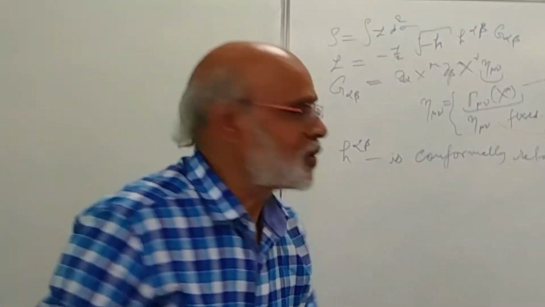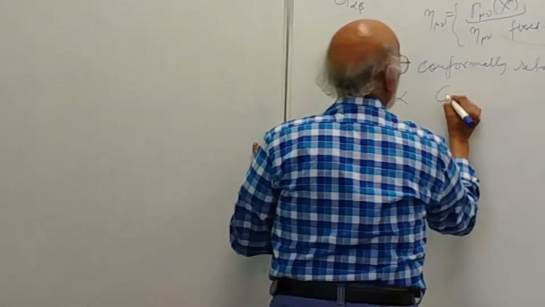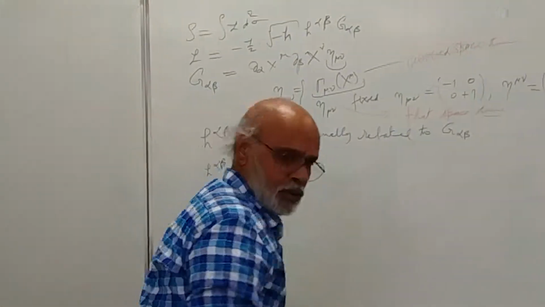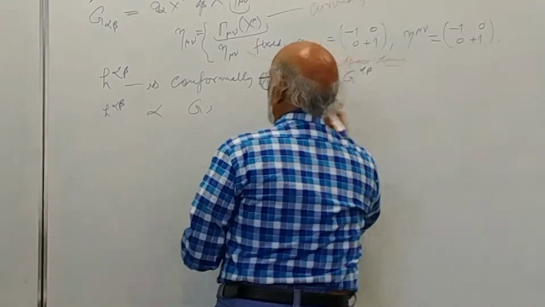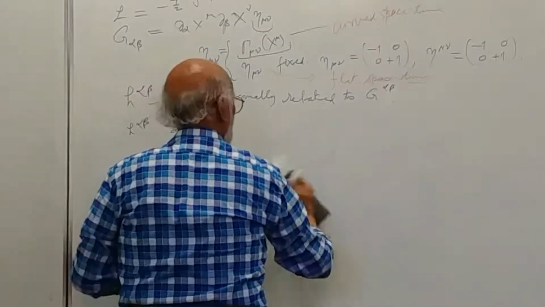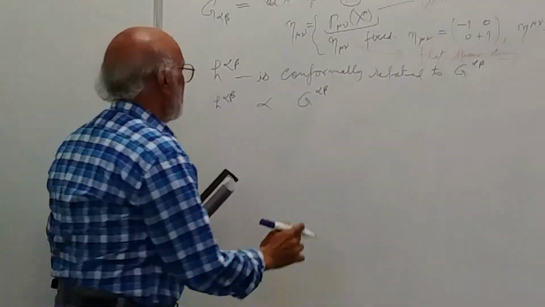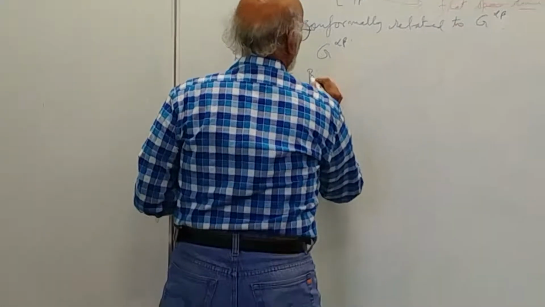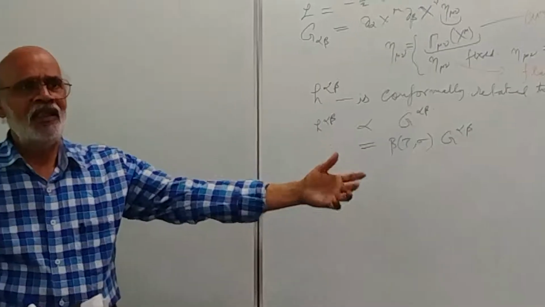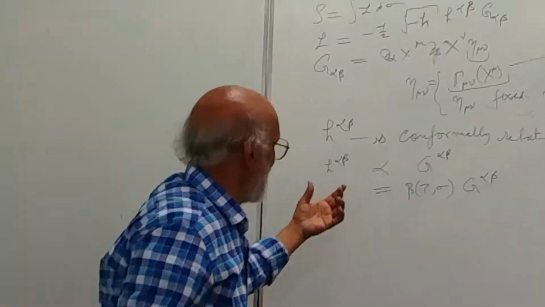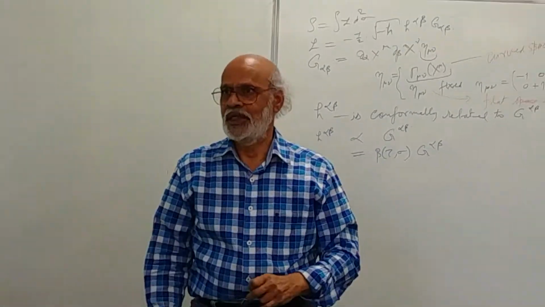And in fact, it is found to be just proportional to G alpha beta. So if you remove this tau sigma, this is the proportionality factor, let me call it B. So that H alpha beta is B of tau sigma times G alpha beta.